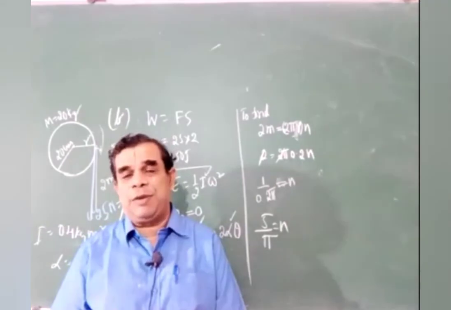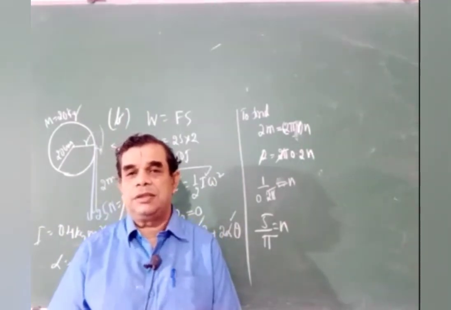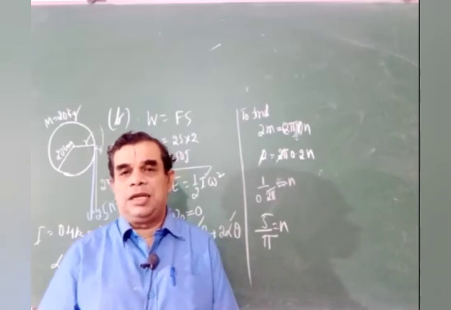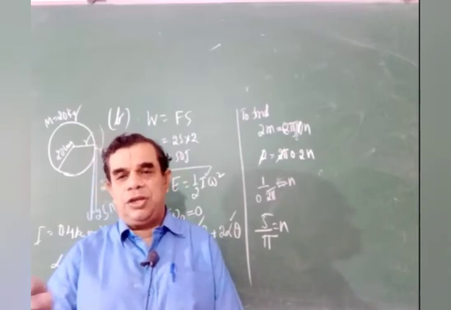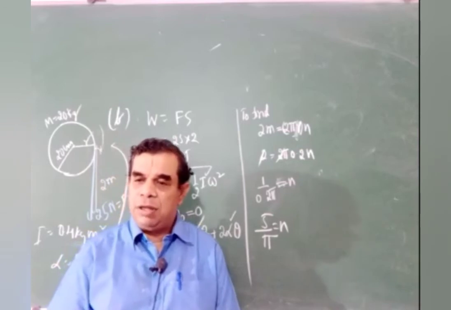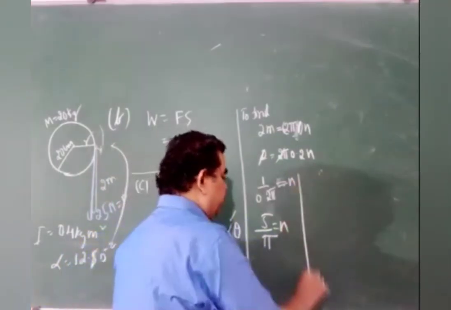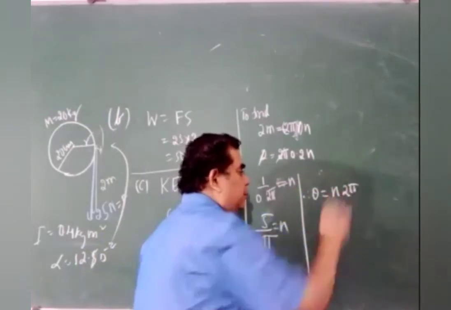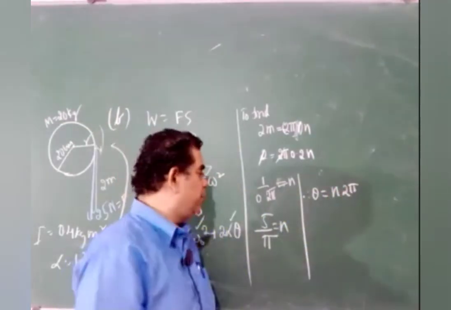Can we get the theta from this? How? Number of rotations into 2 pi will give you theta. Therefore, theta equals n into 2 pi.